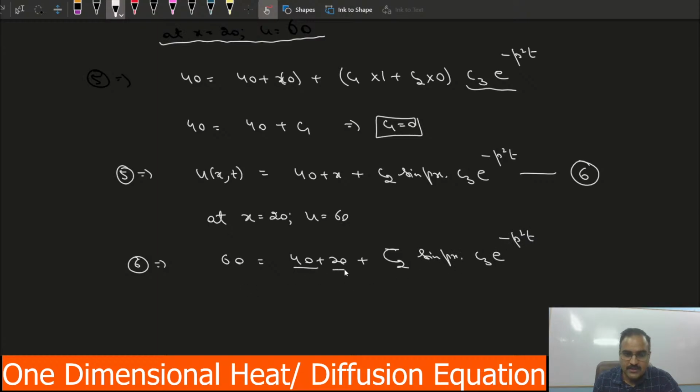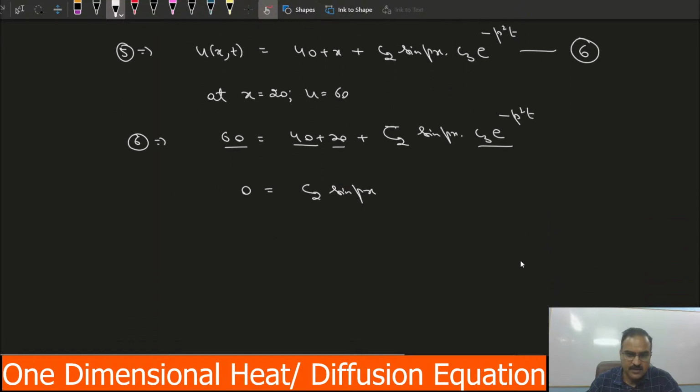So 40 plus 20 is 60 and this is 60. So 60 cancels out, 0 is equal to c2 sine of px. We have to ignore this one. Again the same procedure, so c2 cannot be 0. So sine of px is equal to 0. So px is equal to n pi. So we get p is equal to n pi.